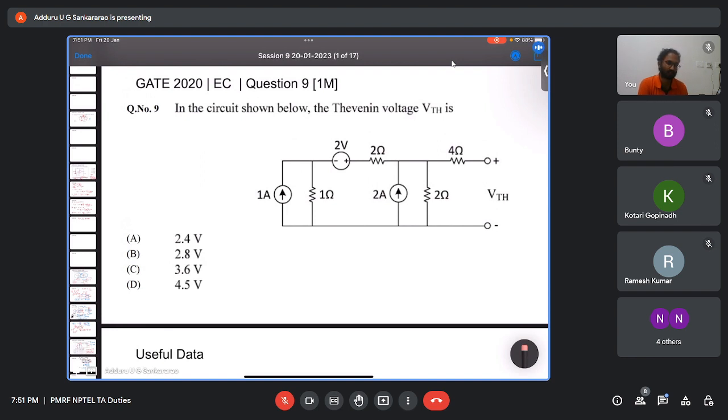Thevenin's voltage means the open circuit voltage at the load terminal. So VTH we need to find out.